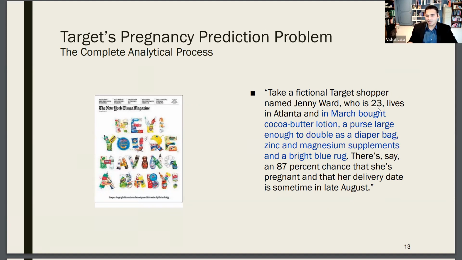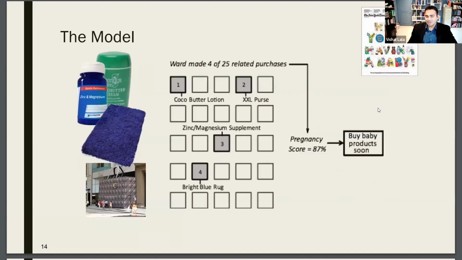According to the model of Target, because she bought, amongst many other things, cocoa butter lotion, a large purse, zinc magnesium supplements, and a bright blue rug. Put together, these 4 items amongst a basket of many other items led Target's model to predict that she is very likely to be pregnant.